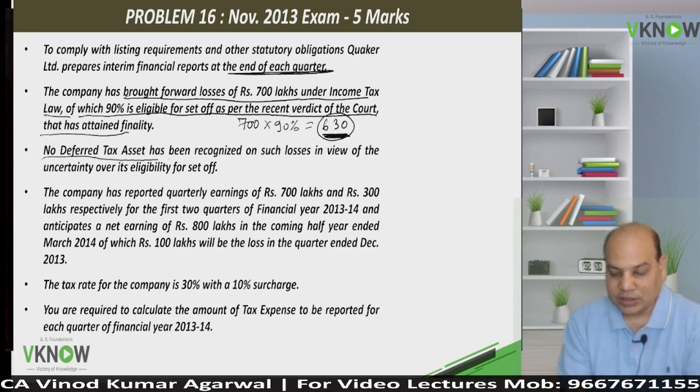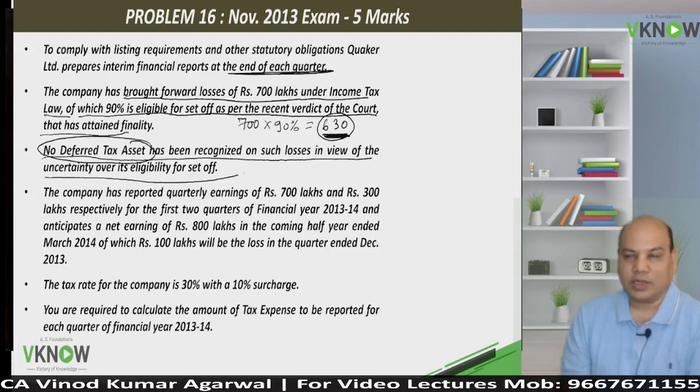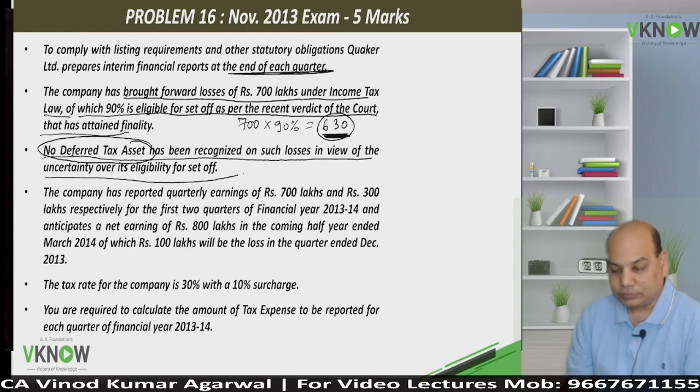No deferred tax asset has been recognized on such losses in view of the uncertainty over its eligibility for set off. So there is no deferred tax asset in the books. So forget the deferred tax adjustment part. The company has reported quarterly earning.